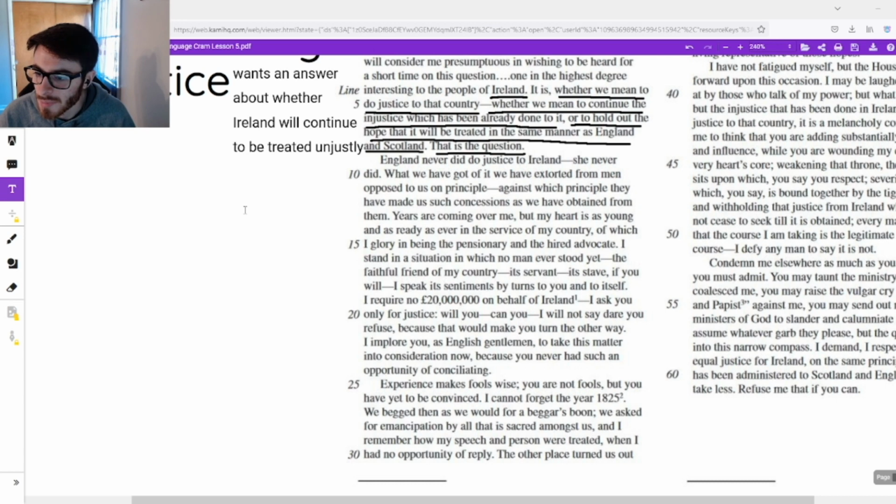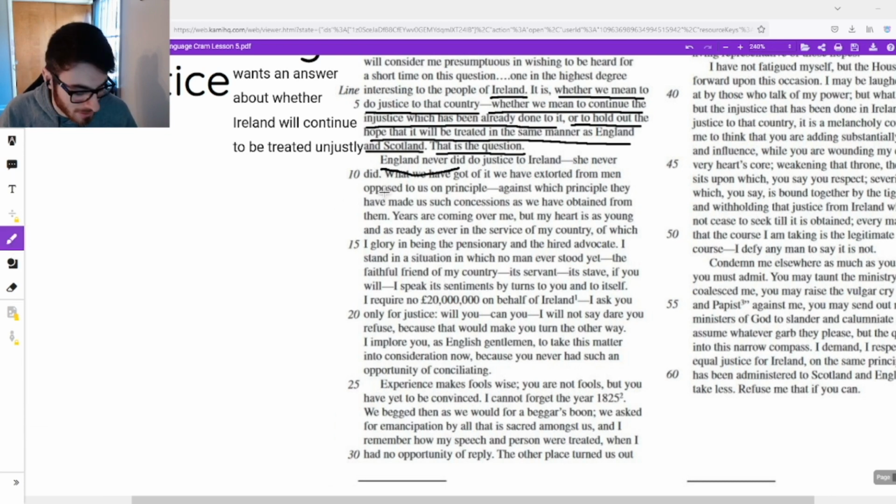I speak its sentiments by turns to you and to itself. I require no 20 million pounds on behalf of Ireland. I ask you only for justice. Will you? Can you? I will not say dare you refuse, because that would make you turn the other way. I implore you, as English gentlemen, to take this matter into consideration now, because you never had such an opportunity of conciliating.